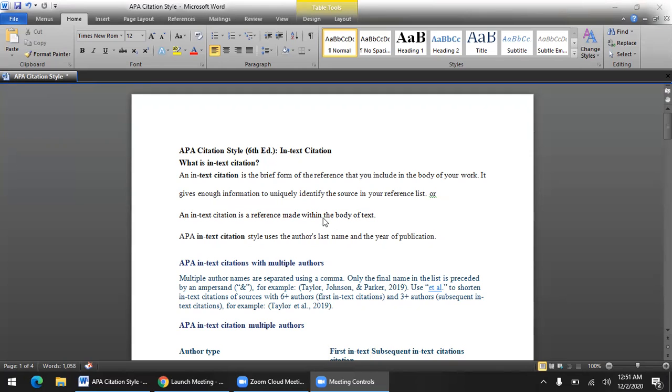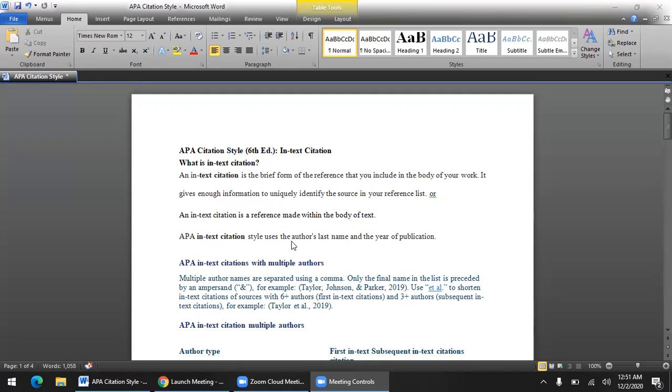But here, body means all the text. Whether it is in the introduction, literature review, methodology, or conclusion, whenever you are putting the work of others, you will cite like this.